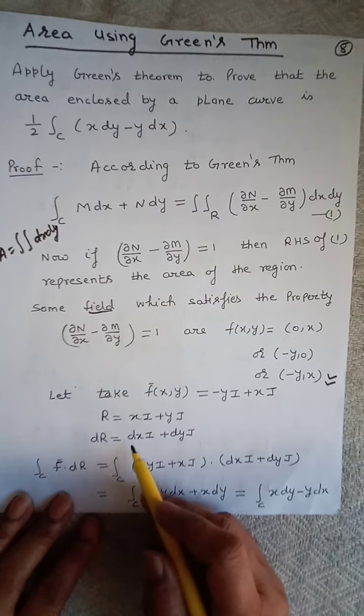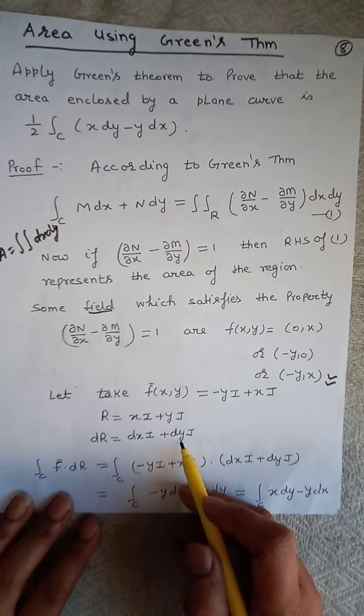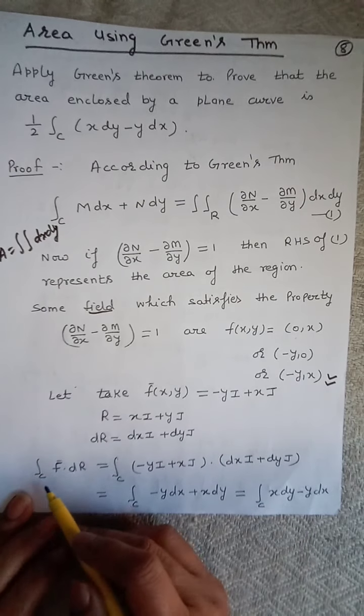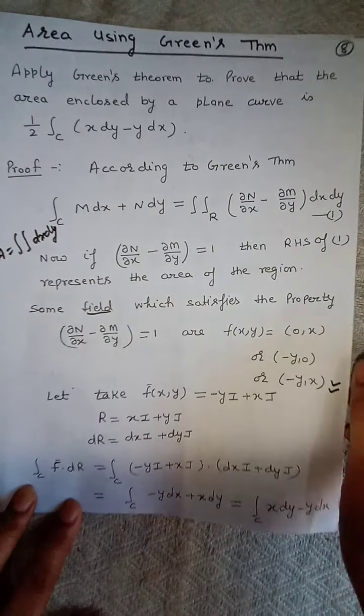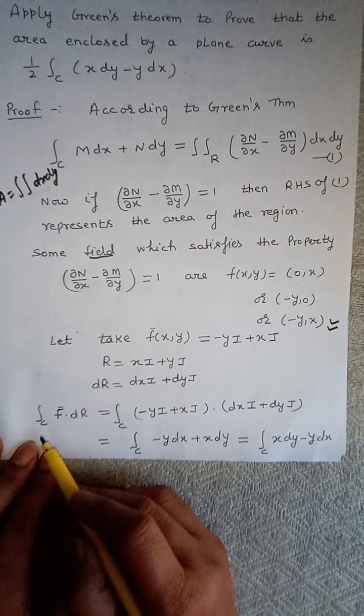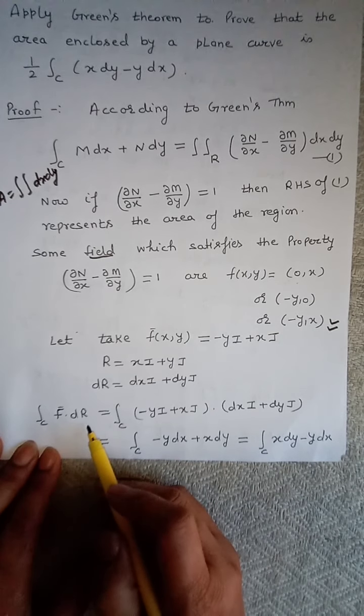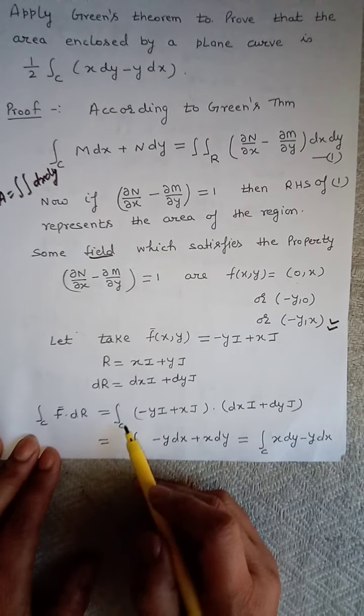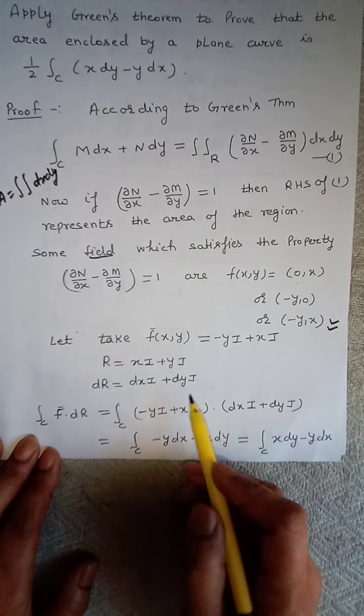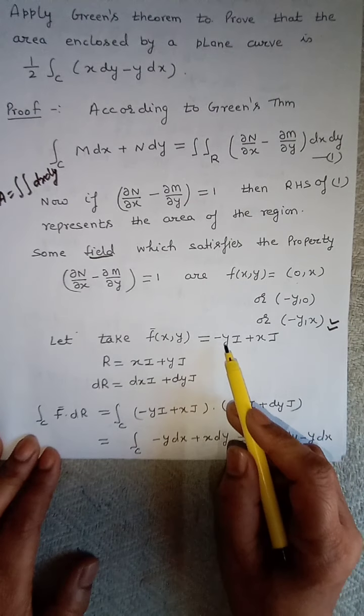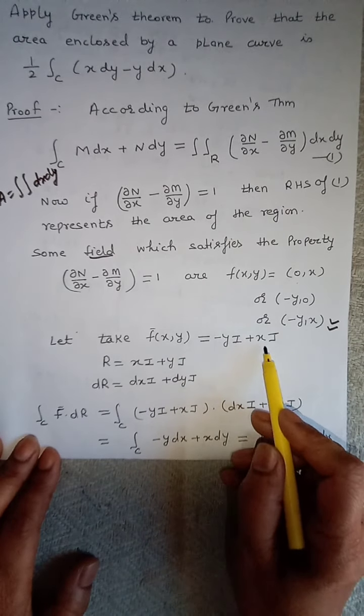So dr will be dx i plus dy j. Now ∮c F·dr is equal to ∮c F·dr, where F is −y i plus x j.